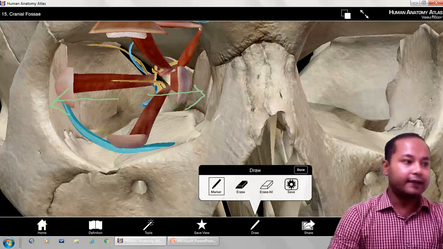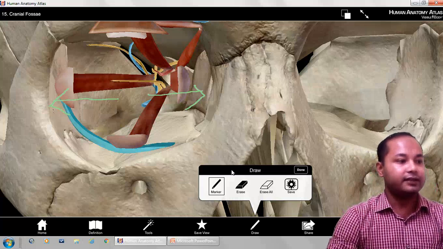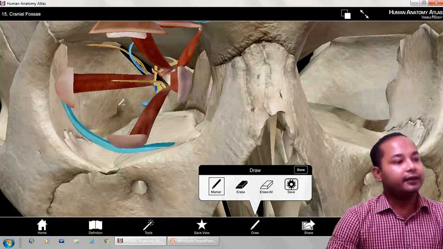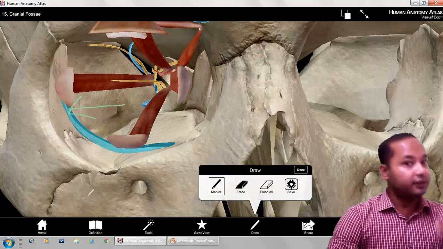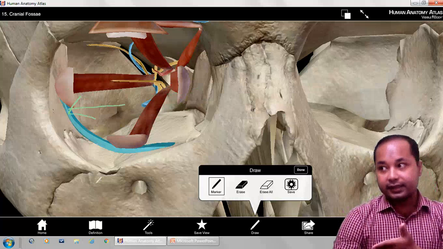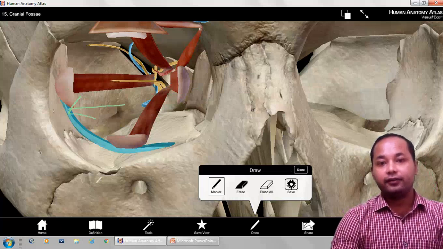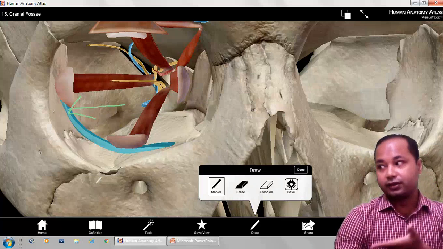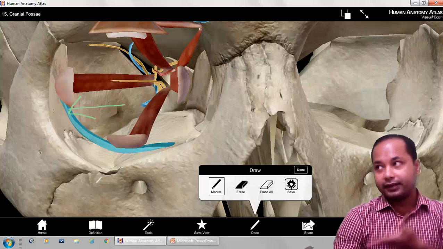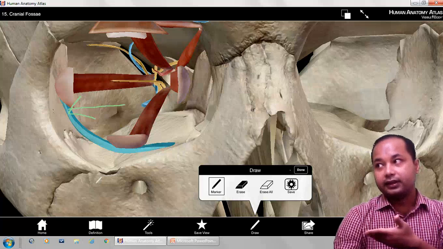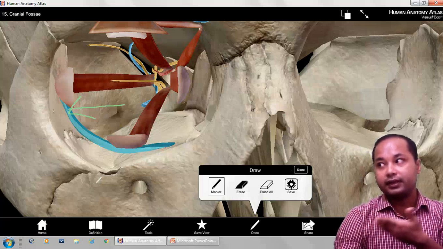For the right eye, suppose I erase this. If the eyeball has to be moved in this direction towards the right side, you want to see the right side of your entire area of vision. You want to have a glance on the right side. When you are looking at the right side, then the lateral rectus of the right eye is acting and the medial rectus of the left eye is acting.